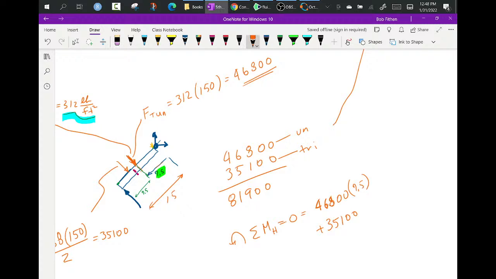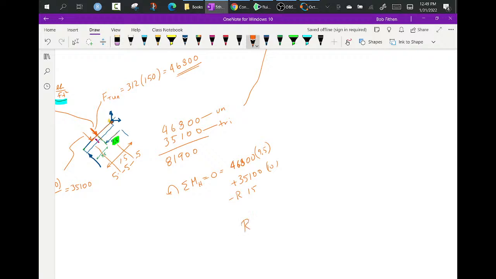And the distance to it, now this is the thing. This is a triangle here. If this is 15, I can break it into three sections of 5, 5 and 5. So the distance from here down to this second load is 10. And you still have the resultant times 15.